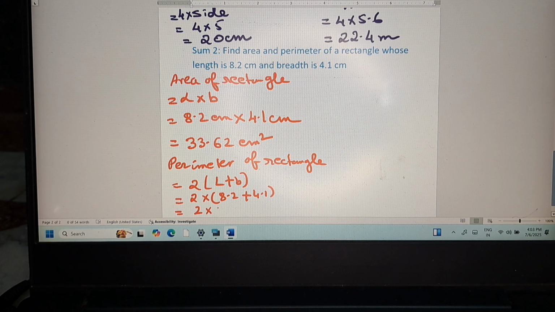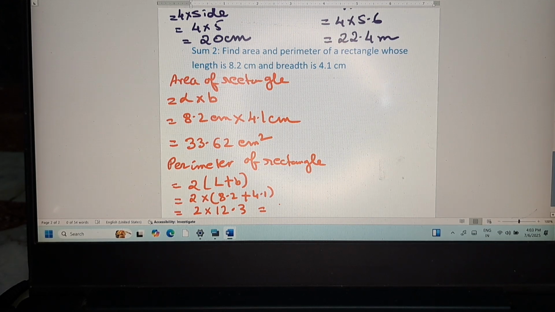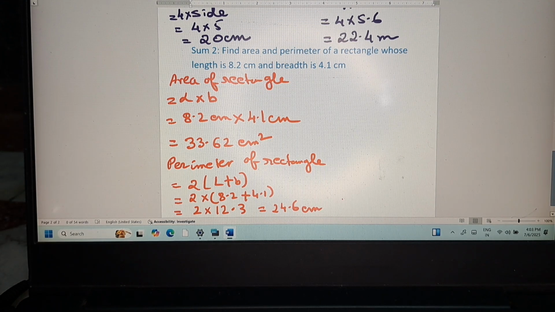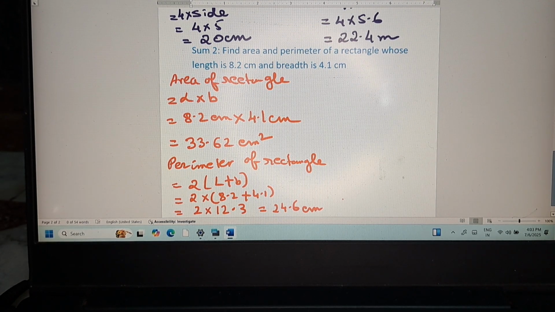Then multiply by 2 because 2 is outside the bracket. So 12.3 into 2, the answer will be 24.6. Here also we have to be very careful. We have to write centimeter, not centimeter square. When we find out the perimeter, we never write square, we write centimeter.